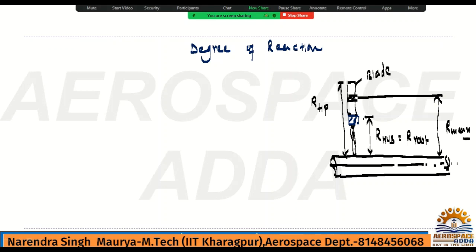R mean. And for the turbine, suppose the blade is given. So how to write the degree of reaction for any point? It is root or tip or mean, anywhere you can calculate. So what is the formula?